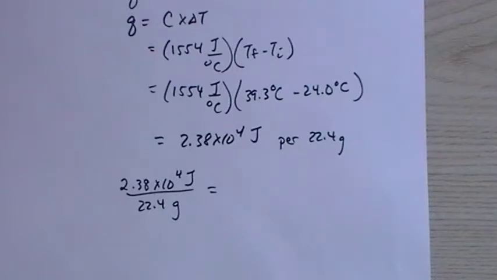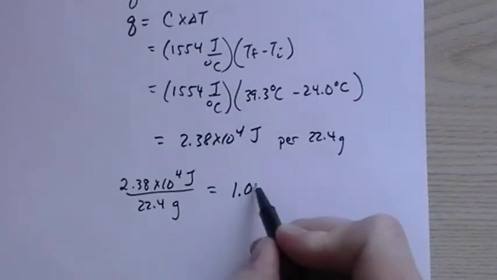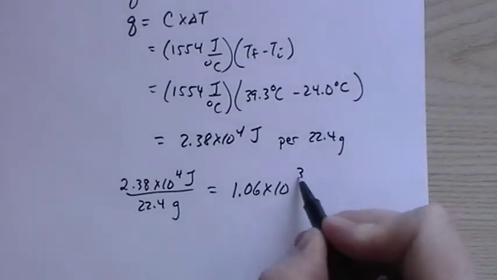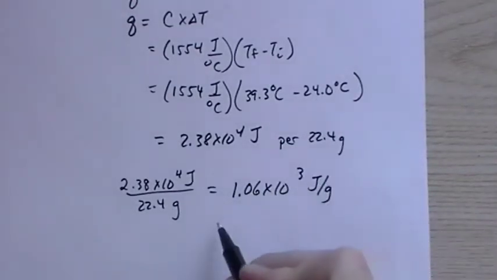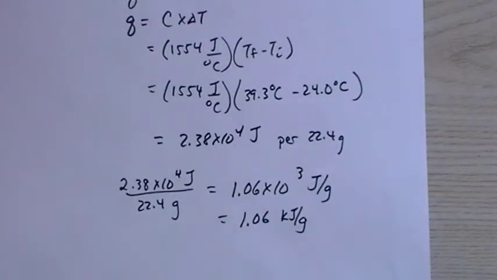We take this. This comes up to be 1.06 times 10 to the 3rd joules per gram, or 1.06 kilojoules per gram. So for every gram of the substance, it produces 1.06 kilojoules of heat.